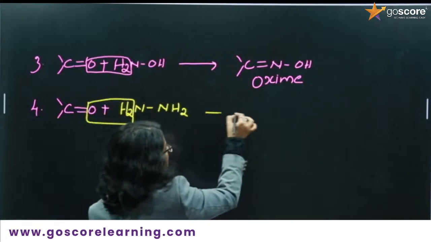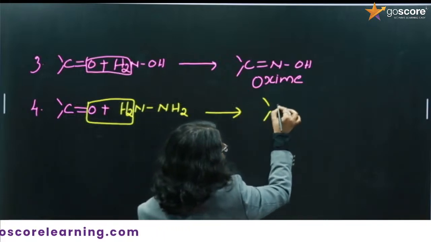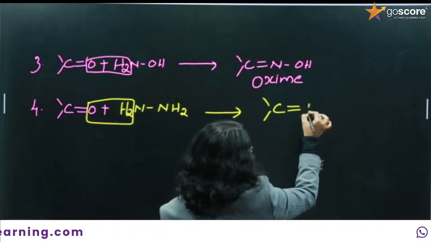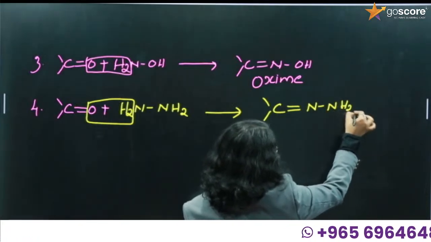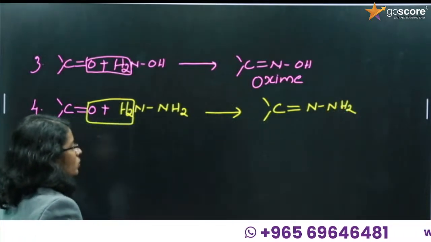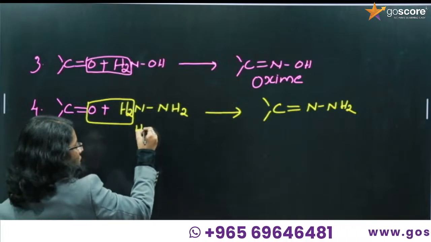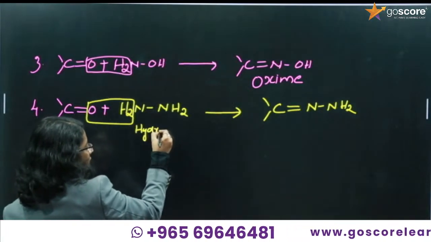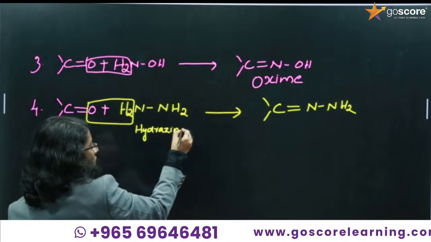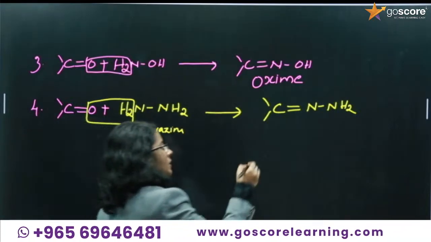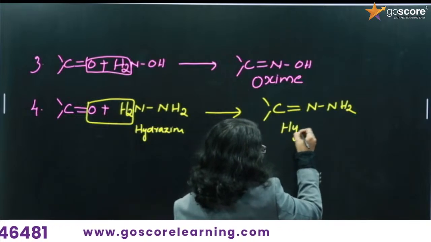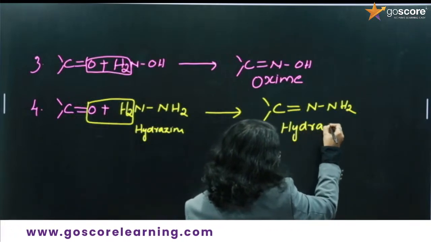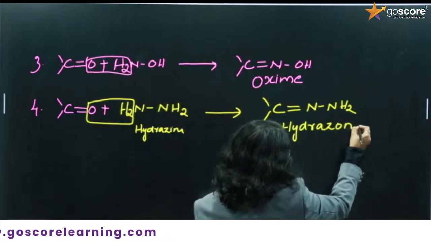Then you will get C=N-NH2. This is hydrazine. This hydrazine on reacting with a carbonyl compound, you will get the corresponding hydrazone. So this is hydrazone.